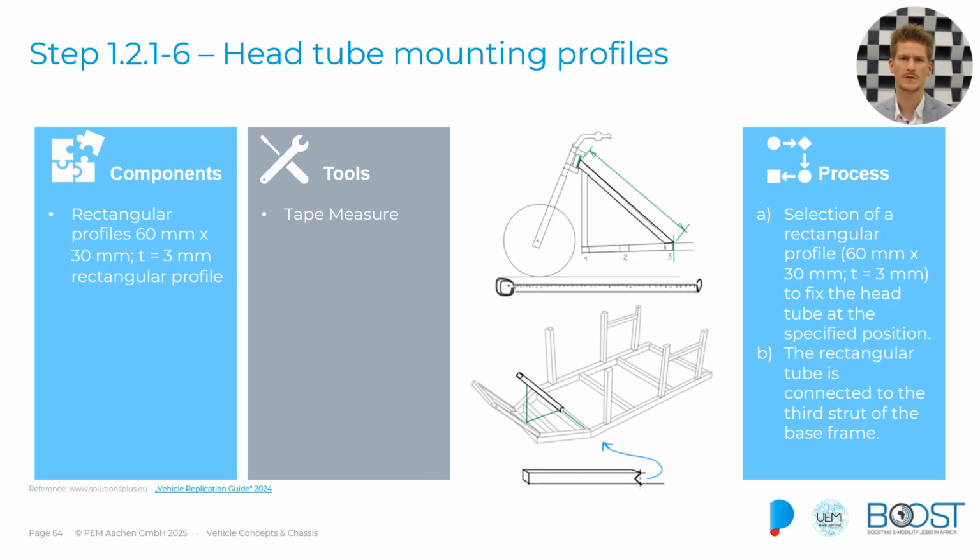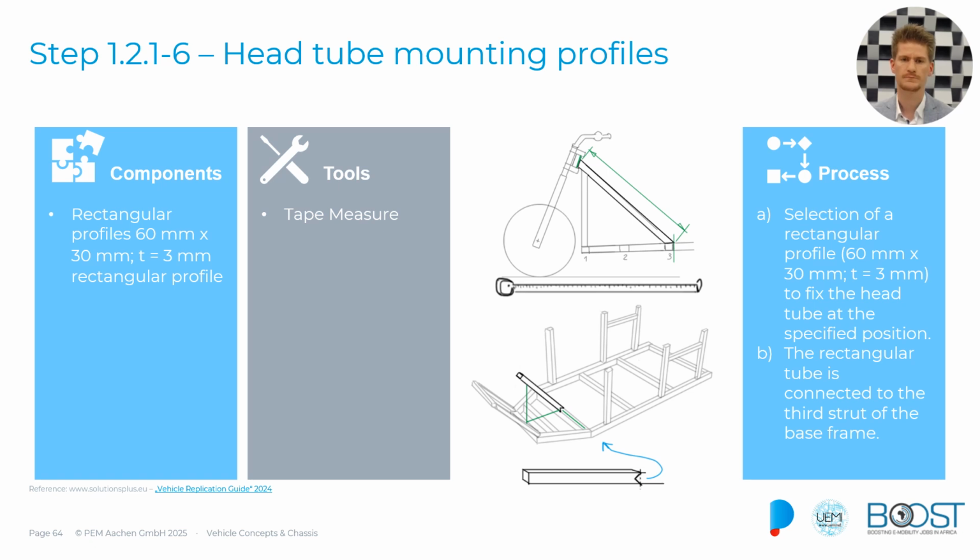And the next step would then be to have the head tube mounting profiles. The head tube mounting profiles are again the rectangular profiles that we're going to use as seen before, and we will also have a tape measure on this occasion, and we're going to measure what the distance is that we need to cover as seen in this figure.